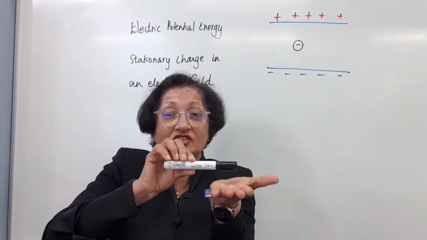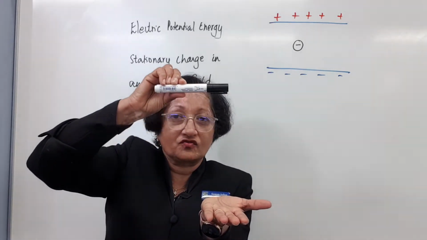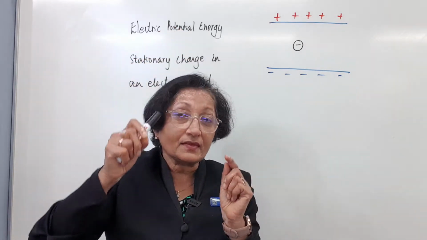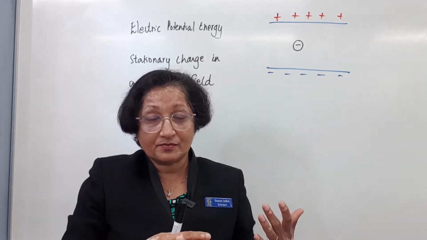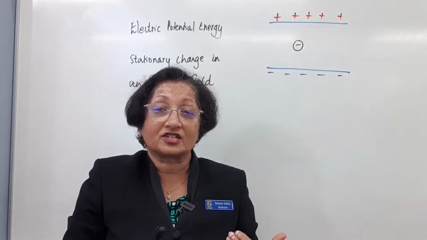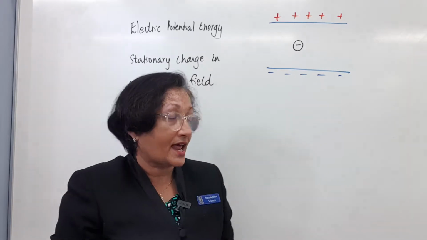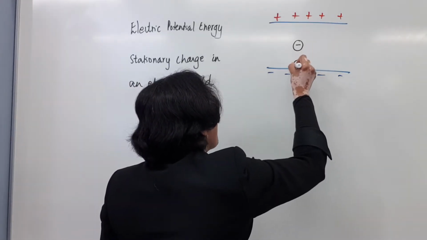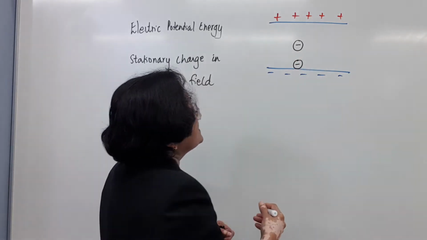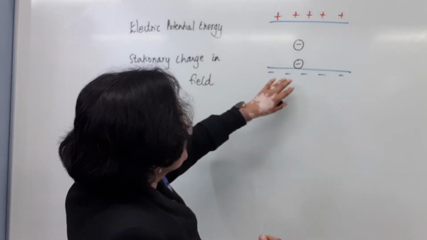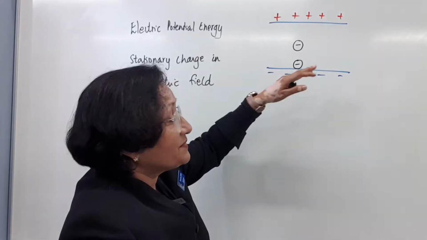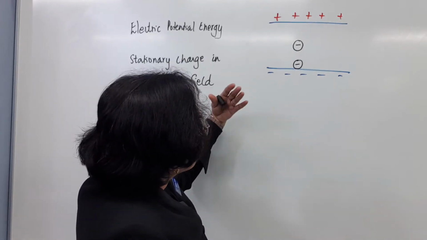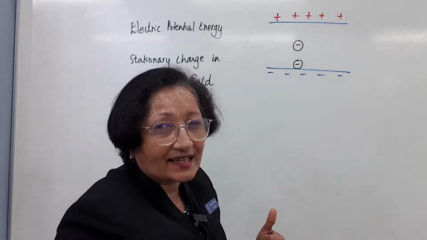In order for something to gain gravitational potential energy, you've got to lift it up, or do work against gravity. Same thing with electric potential energy. In order for a charge to gain electric potential energy, you've got to force it and hold it against the field, so that to keep it there, you've got to force it to be there. So it gains electric potential energy when it moves against the field.